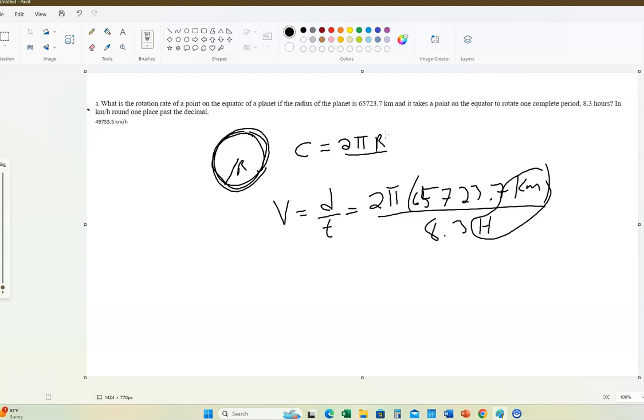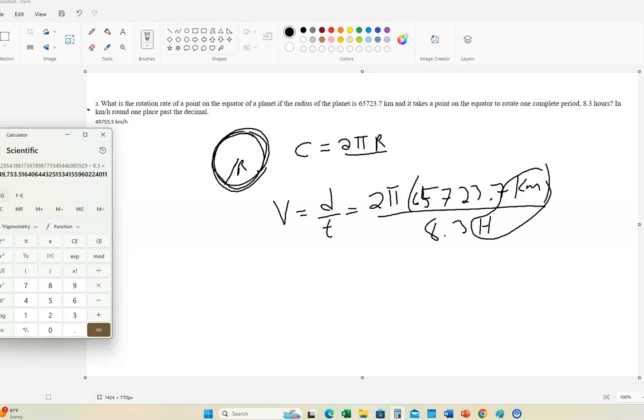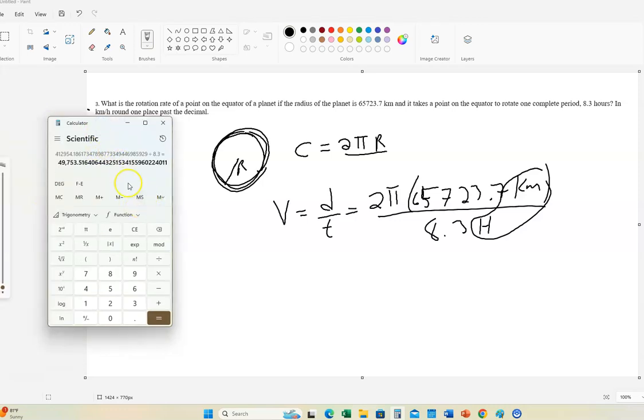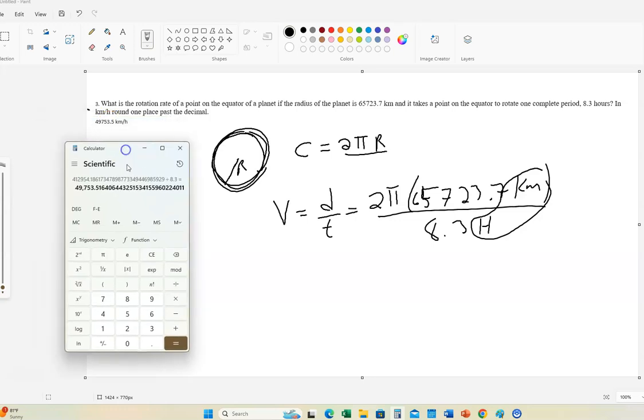So we just have to put all this in our calculator. Let's clear this.